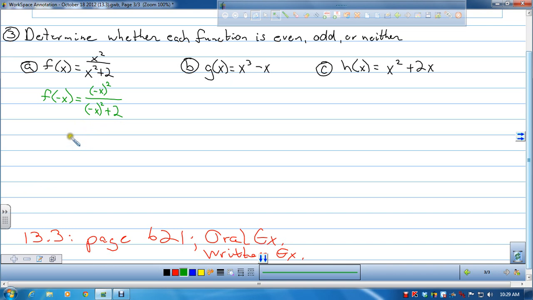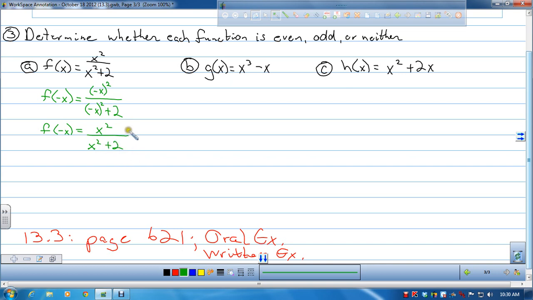So let's look at what happens here. I plugged in negative x, right? Well, when I square a negative value, negative x times negative x would be x squared, right? And negative x times negative x would again be x squared. I didn't do anything to this 2 down here.